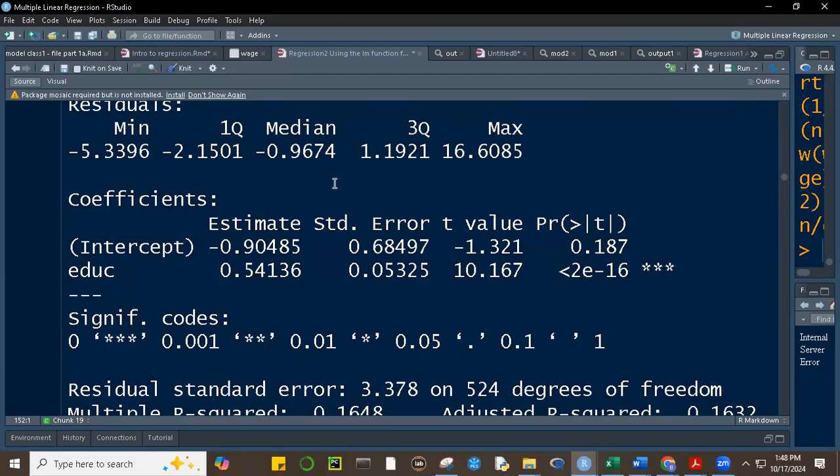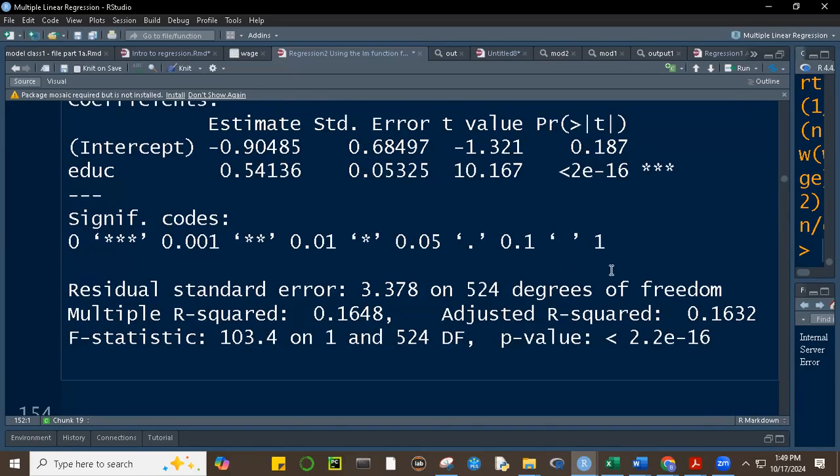And for that matter, can you extract the standard error? Because we were able to extract the coefficients. How did we do that, class?